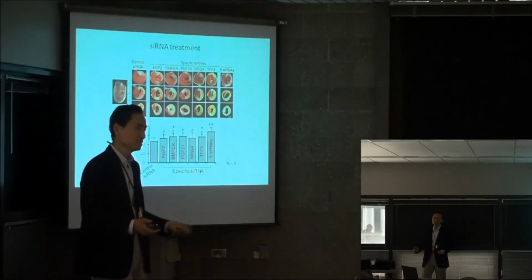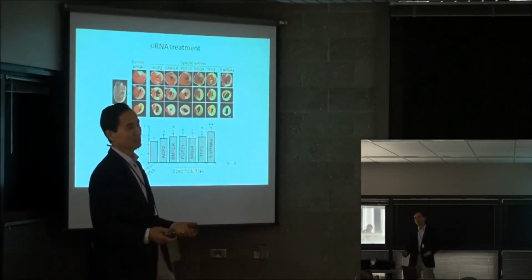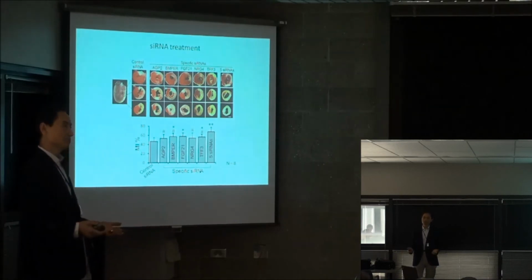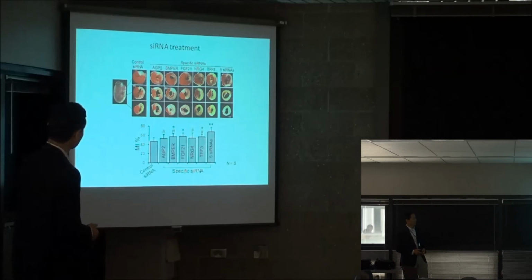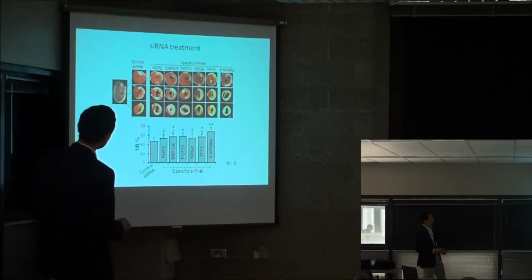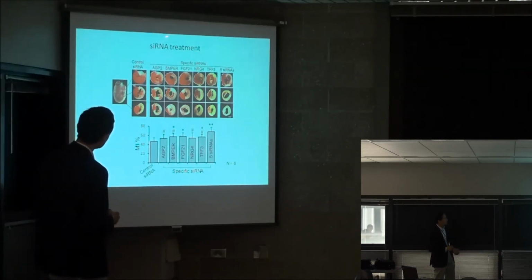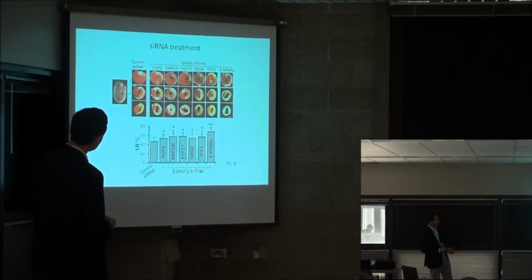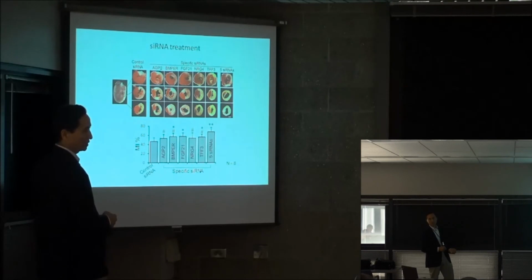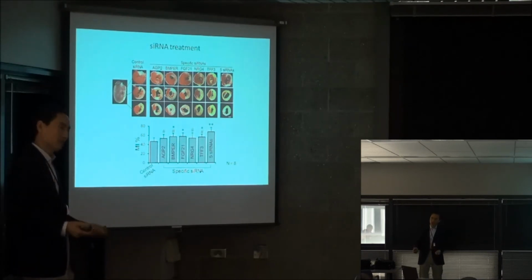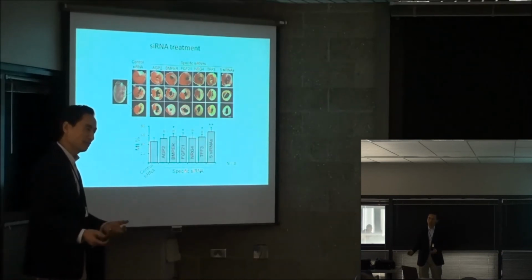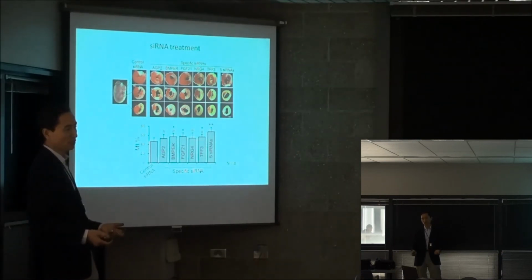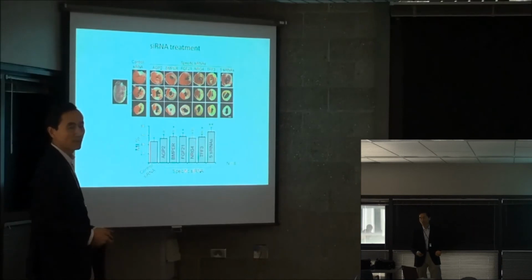Next thing we did was ask what happened after siRNA-mediated knockdown. You can see the protective effect, whether cardiac protection increases or decreases. It turns out that siRNA knockdown induced an increase in myocardial infarction, meaning that if you remove a protective factor, the heart is no longer protected by that factor. Therefore, myocardial injury or infarction will increase.